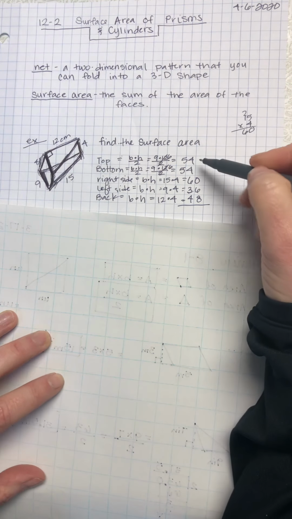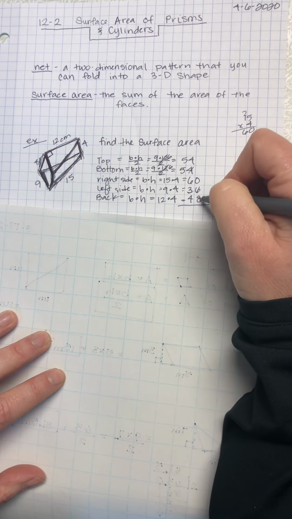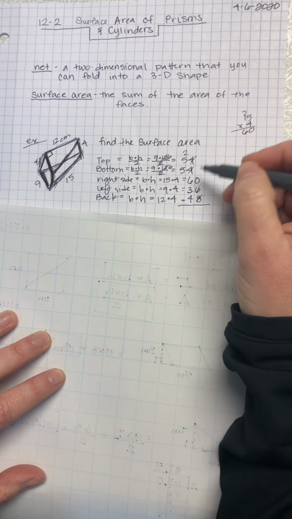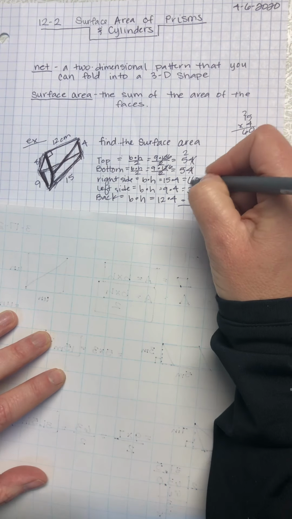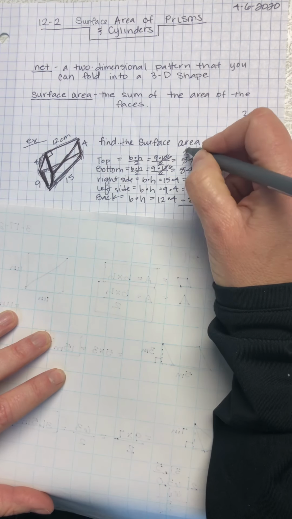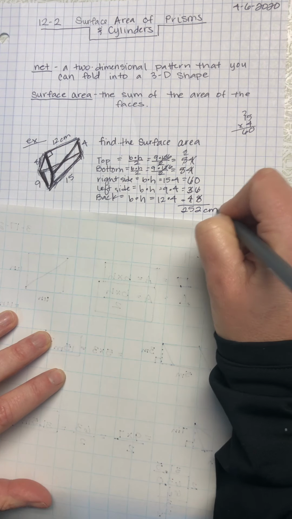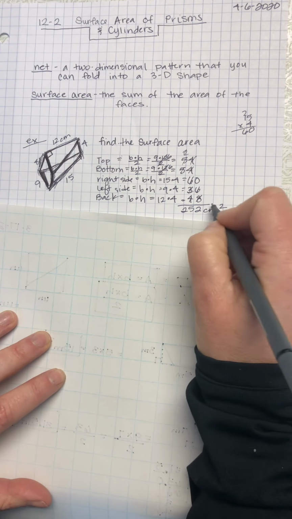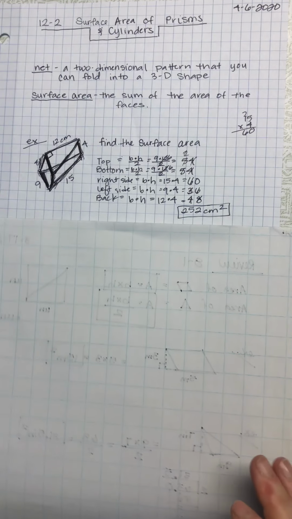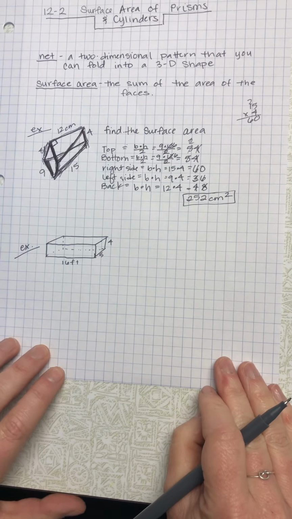So when I add these up, I have 252. And it's area, so it's centimeters squared. Okay? Centimeters squared.